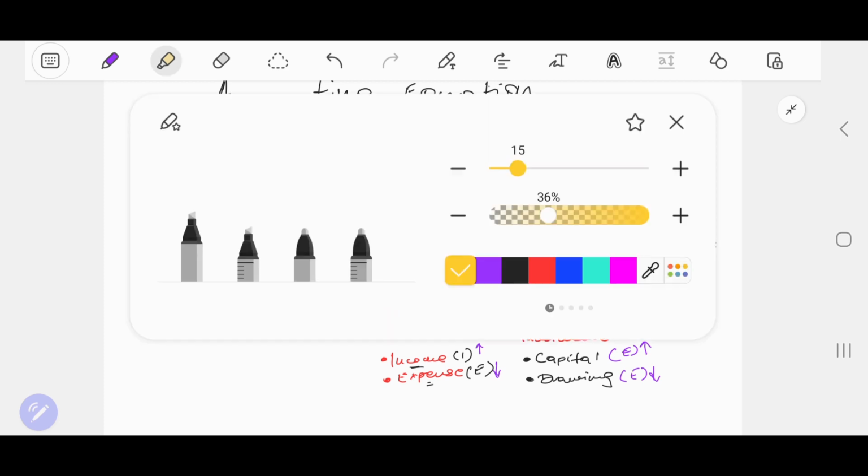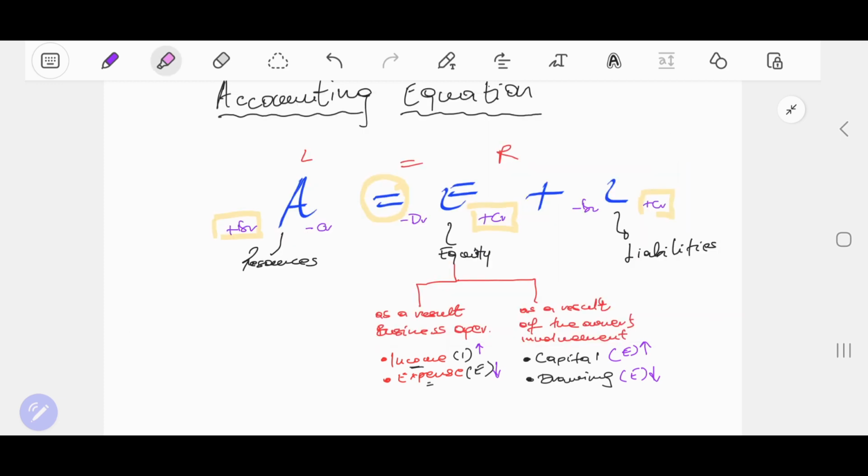And the same goes with the decrease. So if we say assets decrease on the credit side, then equity and liabilities are going to decrease on the debit side, because they have an opposite reaction to that of our assets. So that's all you need to know, guys.